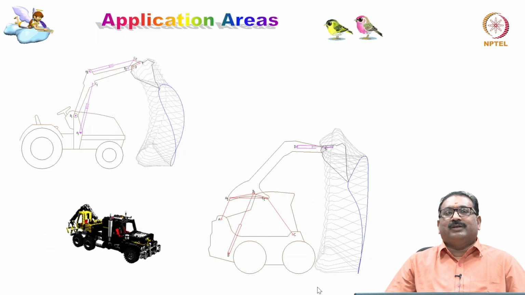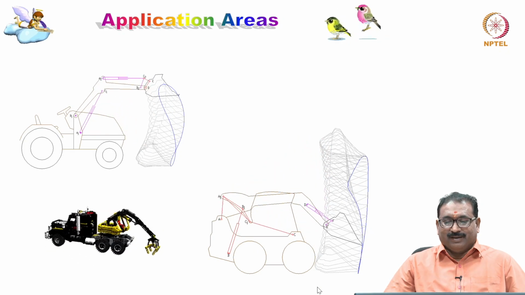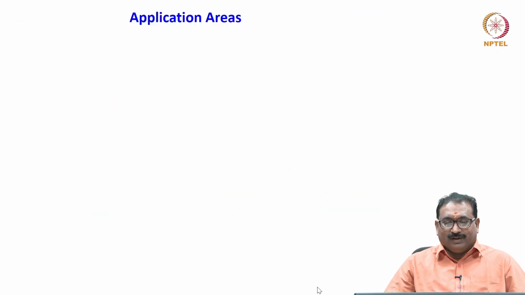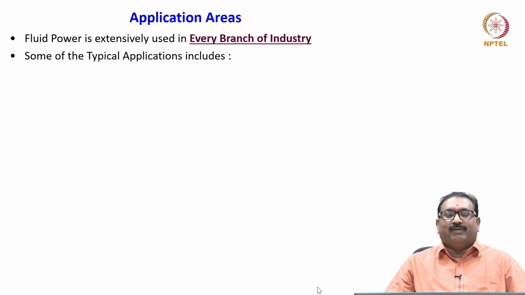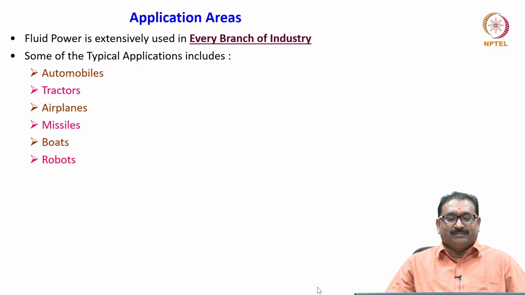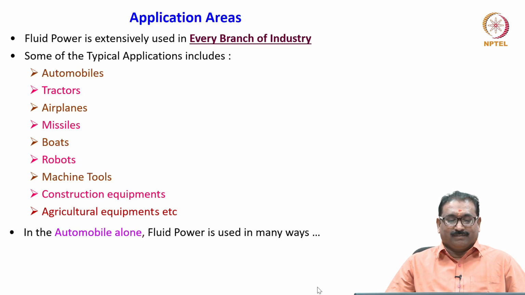Now, we will move on to the application areas of oil hydraulics and pneumatics. There are various applications. Let us discuss some of the application areas. Fluid power is extensively used in every branch of industry. Some of the typical applications include automobiles, tractors, airplanes, missiles, boats, robots, machine tools, construction equipment, agricultural equipment.